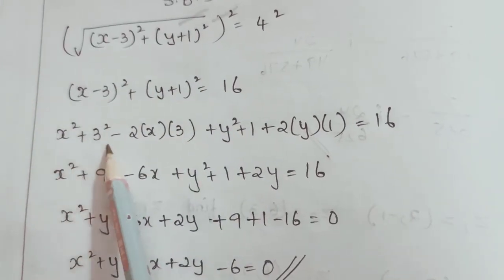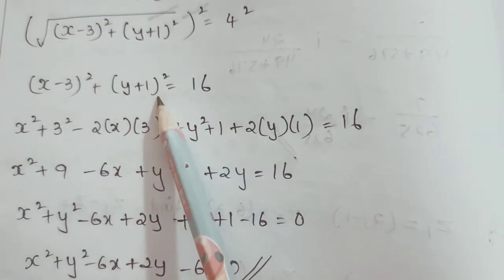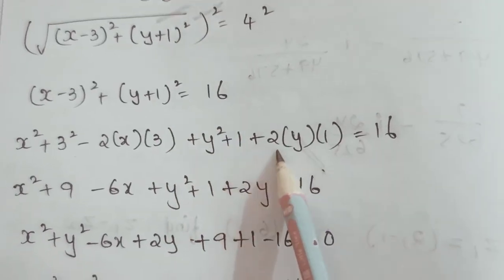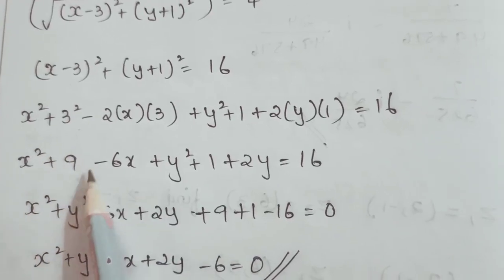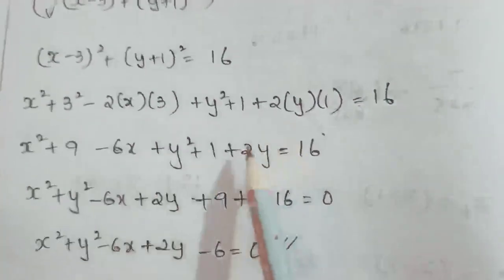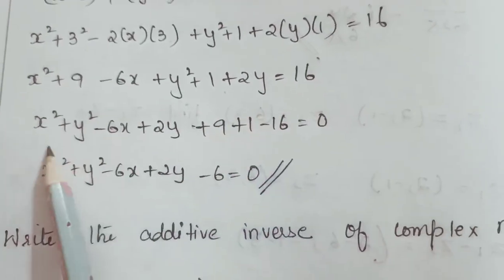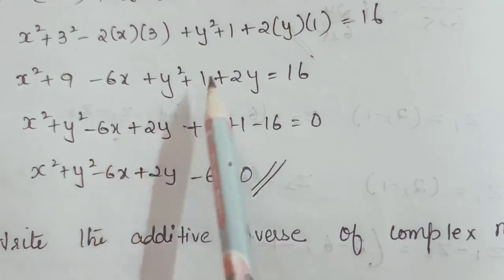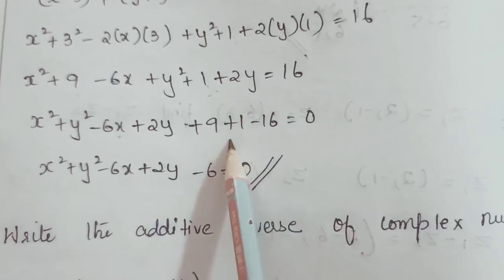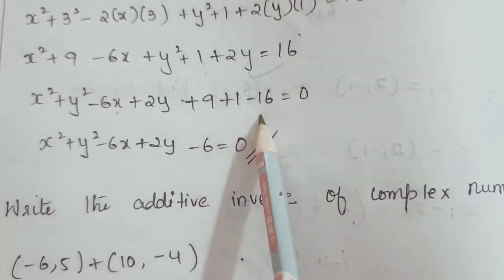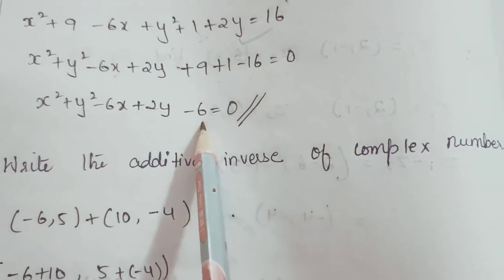So a square plus b square minus 2ab, plus here also (a plus b) whole square, that is a square plus b square plus 2ab, is equal to 16. x square, 3 square is 9, minus 2 3s are 6x, plus y square plus 1, 2 1s are 2 into y, is equal to 16. x square plus y square minus 6x plus 2y. Now see the numbers: plus 9 plus 1 is 10, and take this 16 here, it will become minus 16. So x square plus y square minus 6x plus 2y minus 6 is equal to 0 is the locus of z.